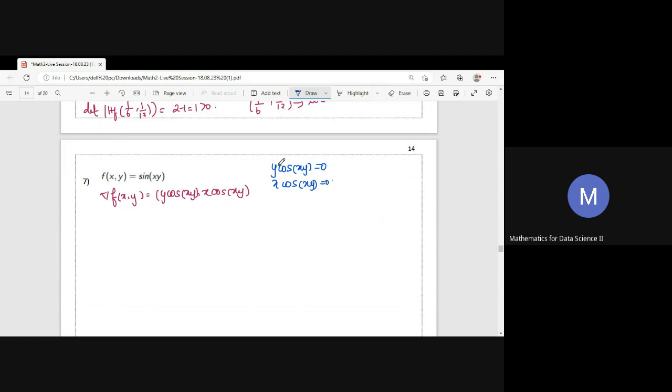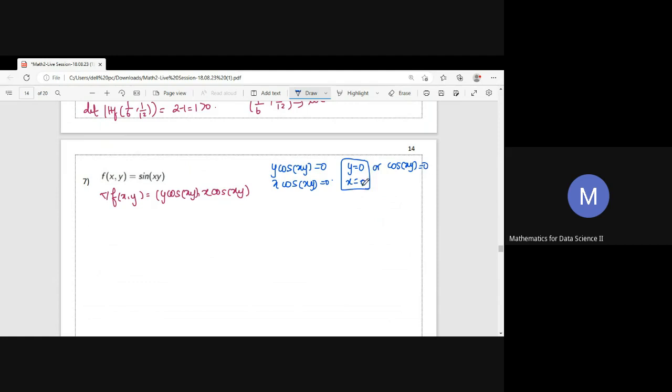So there are two parts for this function. For the product of y into cos of xy, either you have y equal to 0 or cos xy equal to 0. If cos xy is 0, this term is also becoming 0. So either you have x equal to 0, y equal to 0, or cos xy is equal to 0.